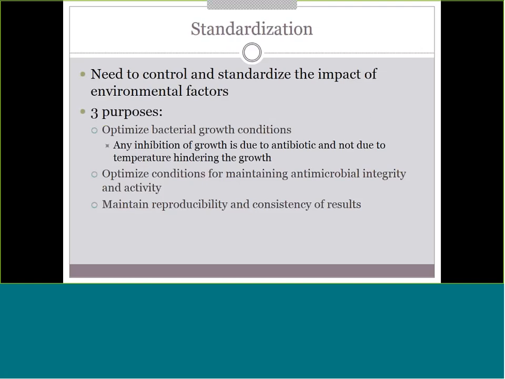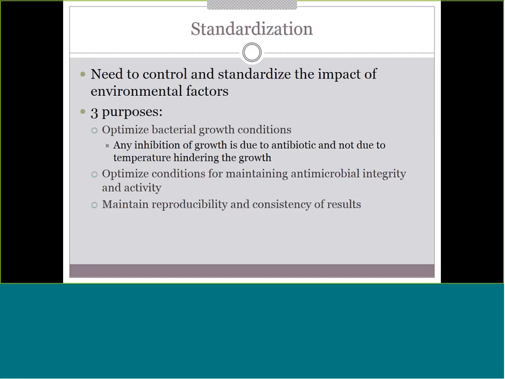All right, so we want to make sure that whenever we do this susceptibility testing, we have a really good standardized process. Basically the reason is to avoid contamination and false results. The three purposes are that you're going to optimize the bacterial growth conditions, really make sure that the bacteria has a chance to grow if it needs to.